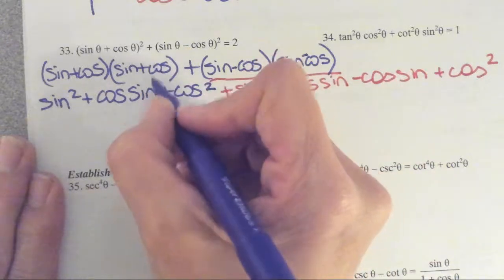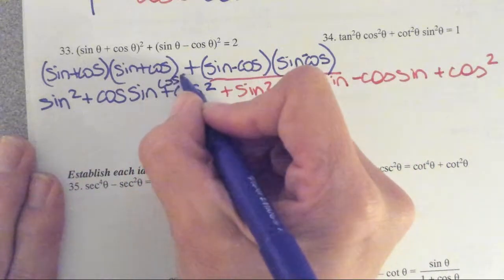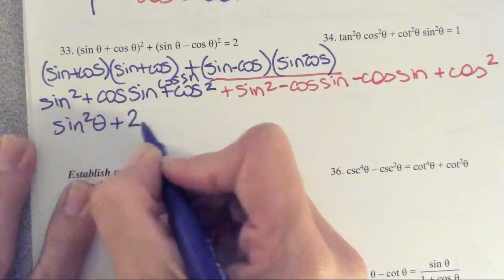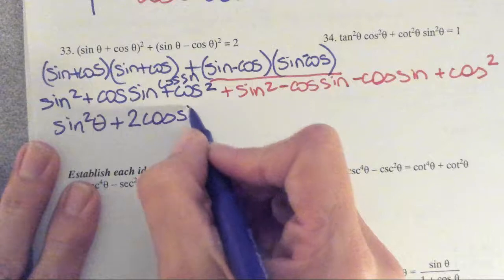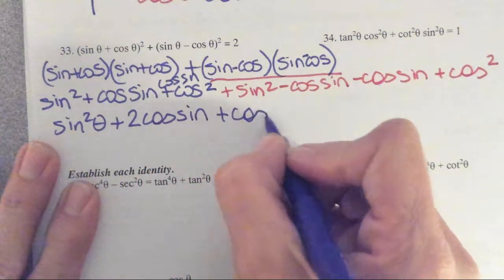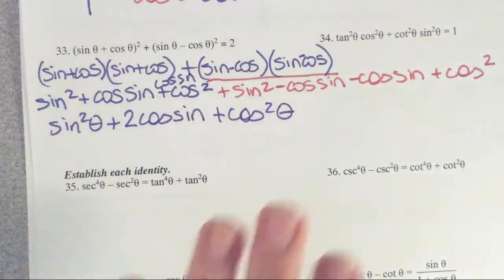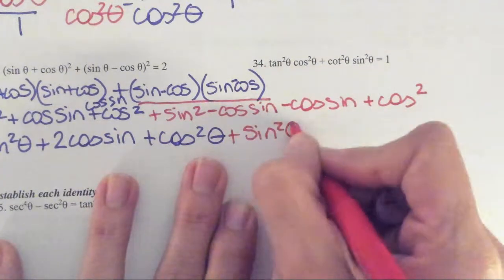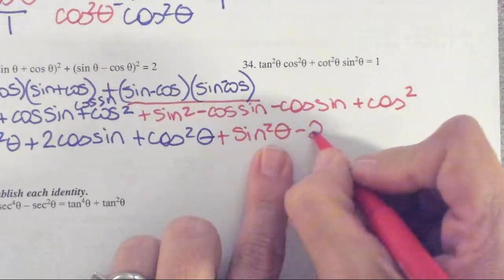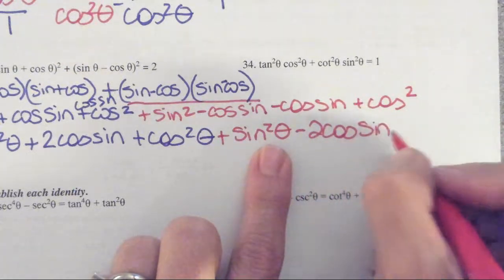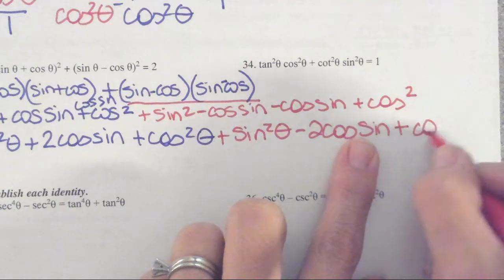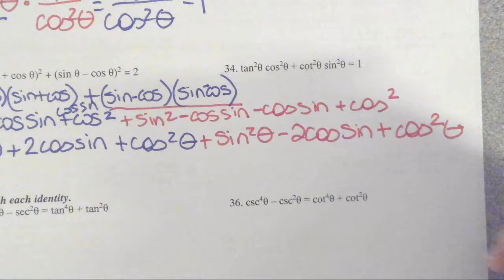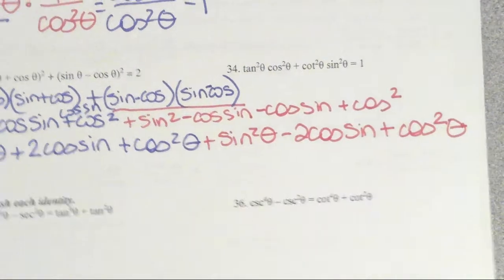Oh, I left one of these off. I said it twice, but I only wrote it once, cosine sine. So I've got sine squared theta plus 2 cosine sines plus cosine squared theta. That's with the purple. The red is sine squared theta minus 2 cosine sines plus cosine squared theta. Remember, everywhere I didn't write a theta, we should have one. I'm just not writing them because I'm running out of room.